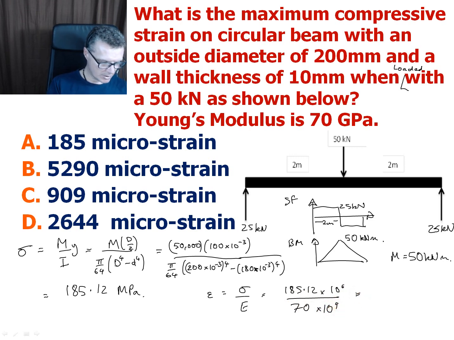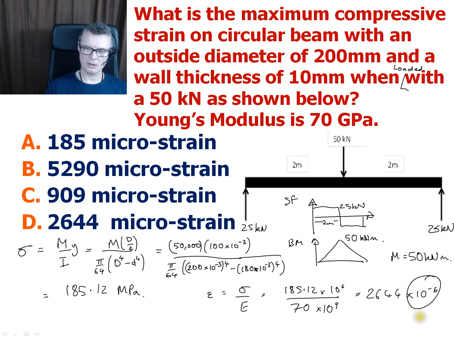So divide that by 70 times 10 to the 9 gives me none of those answers. Okay, press the Eng button. Going the wrong way. So I've made my Eng button to be 10 to the minus 6, and that then goes 2644 times 10 to the minus 6. This is a microstrain, and so that gives me answer D.